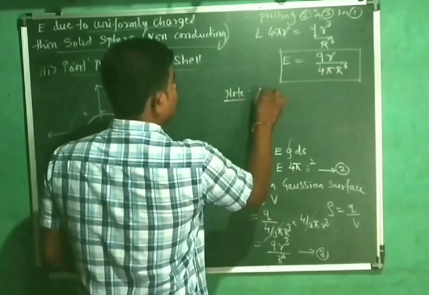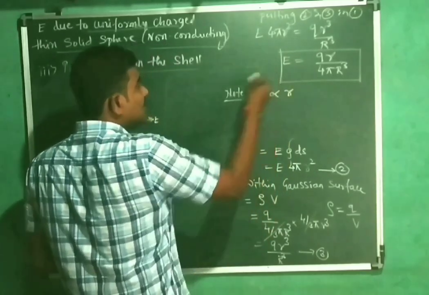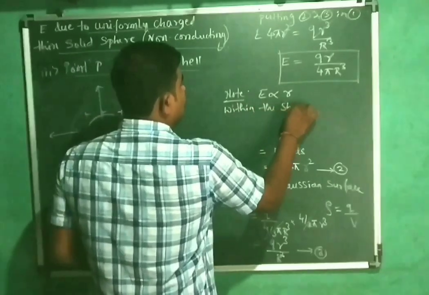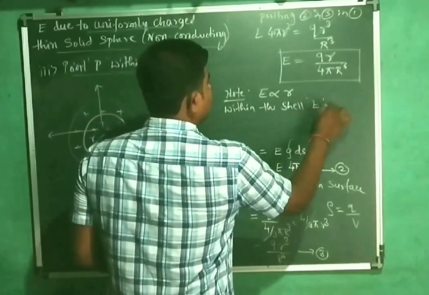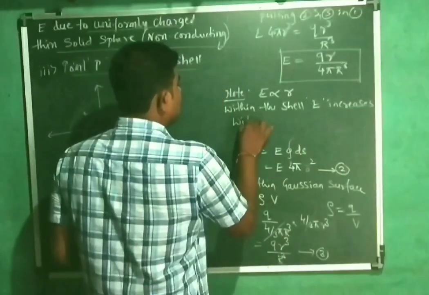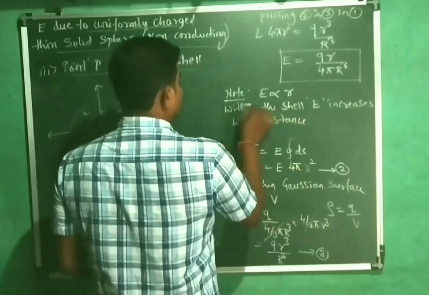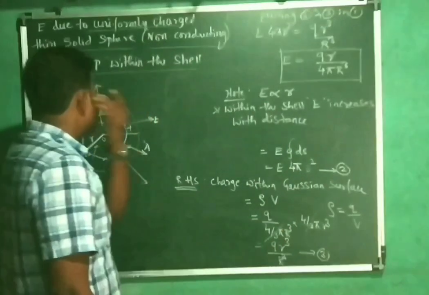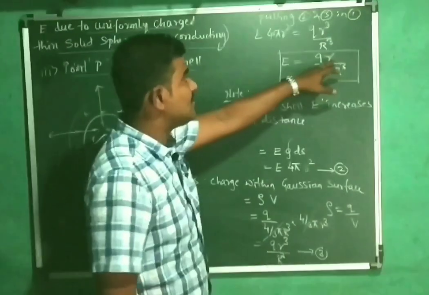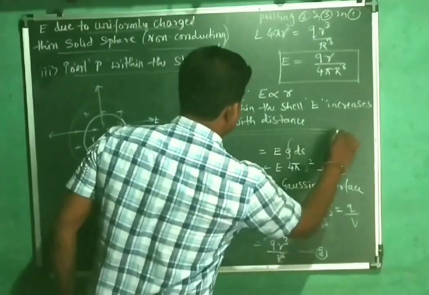Note, E is directly proportional to r. It means within the shell, electric field intensity increases with distance. This is a very important point, because so far we have discussed that electric field used to decrease as distance increases. So this is all about electric field intensity.